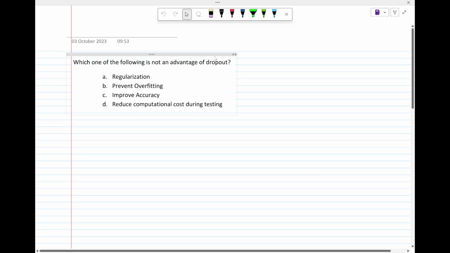So dropout sort of results in a kind of regularization, right? Regularization is a method to prevent overfitting.